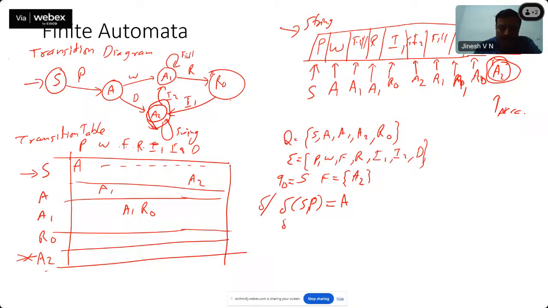Then delta of A comma W, I can write A1. Then delta of A1 comma fill is equal to A1 itself, meaning the same state.